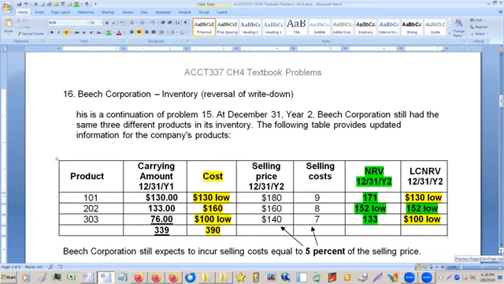I'm going to use my calculator just to make sure. Sorry, I sound like a duck right now, but that's the way it is. All right, 382. So this is our lower of cost or market.